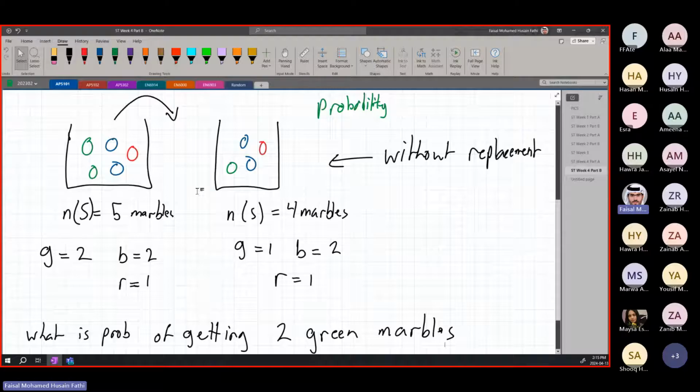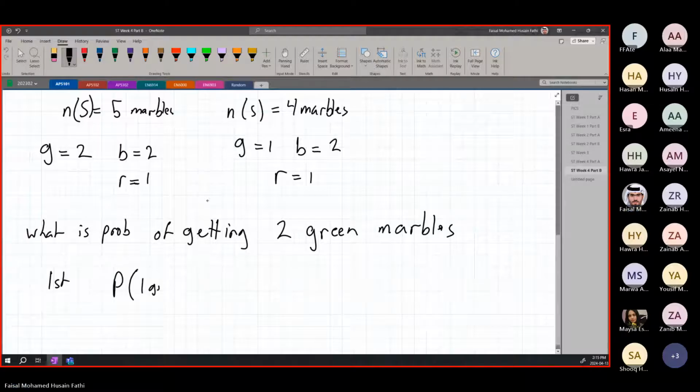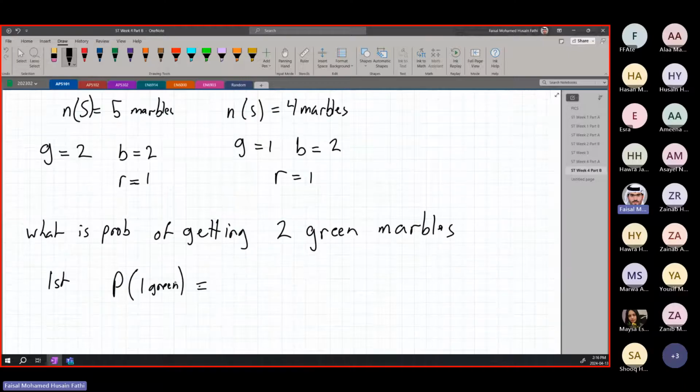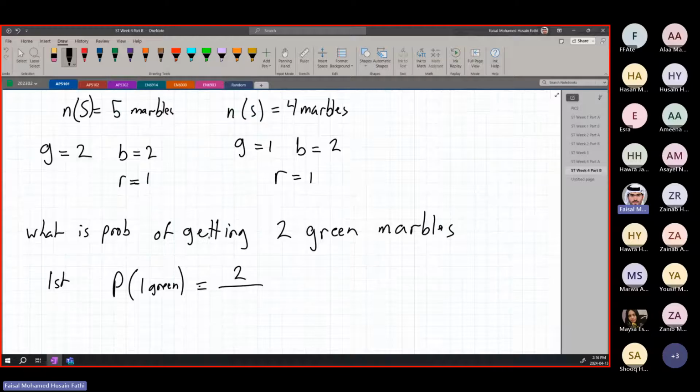The first probability is the probability of getting 1 green marble. We have 2 green marbles, so we're choosing from 2, divided by our total sample space, which is 5. So this is the probability of getting 1 green marble.